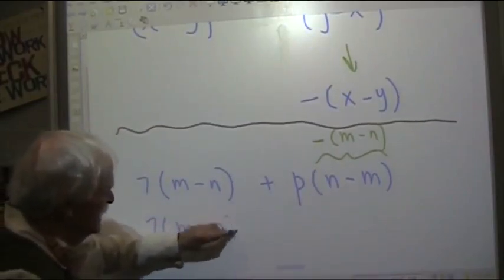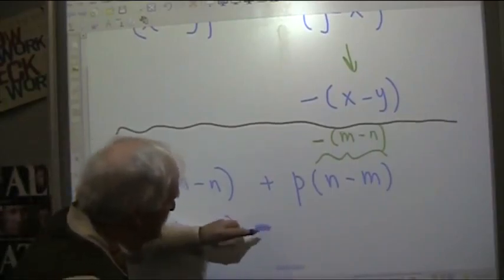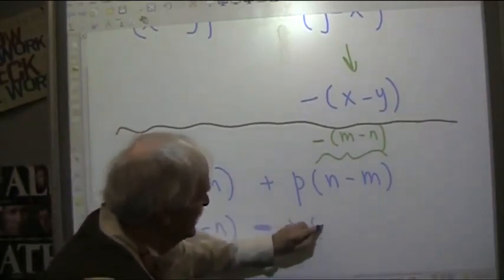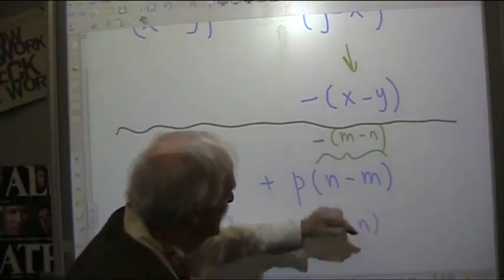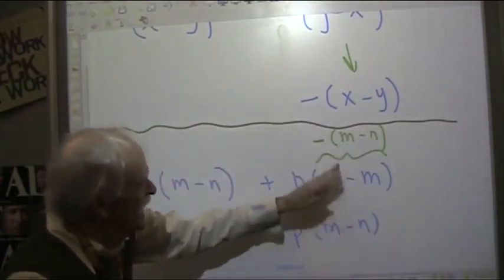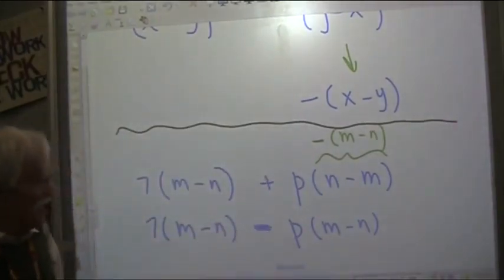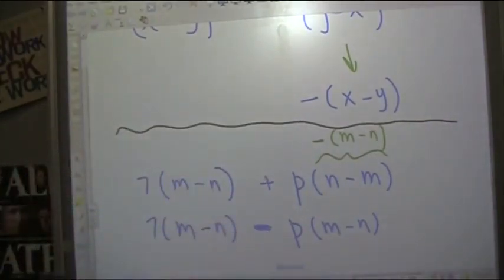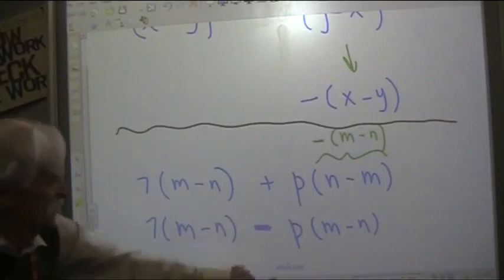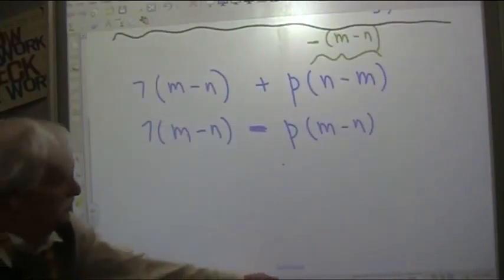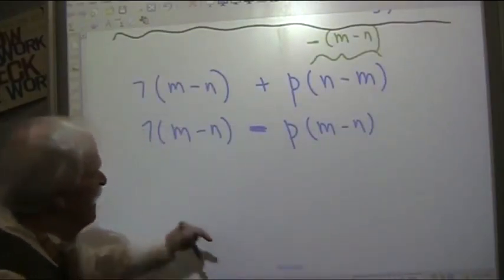7 times m minus n minus p times m minus n. So the m minus n comes down and the minus changes that plus to a minus, and then we've got, all right, and now, what do I do next, ladies? What do I do next? What is the GCF?